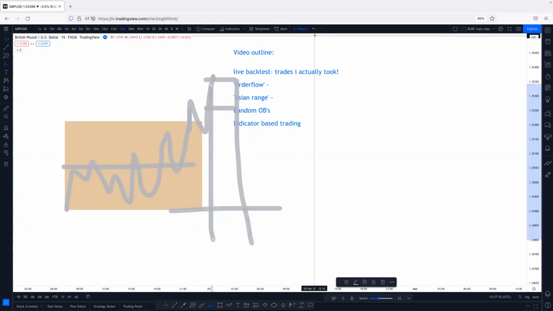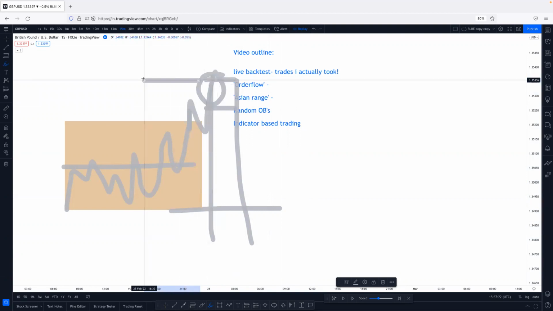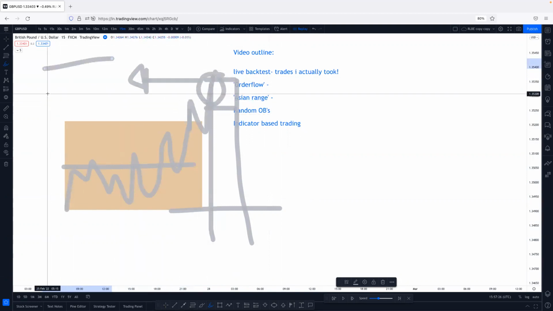What do I mean by subjective? I mean that there's no actual objective viewpoint. There's no method or system in place that actually tells you that this point is going to reverse based on what's to the left. And I don't mean just mitigations, right? I don't trade like that.